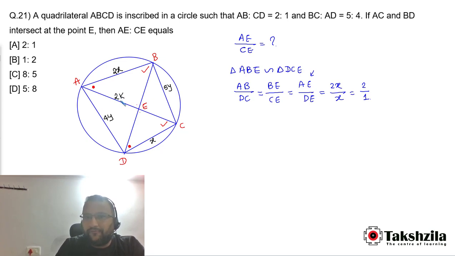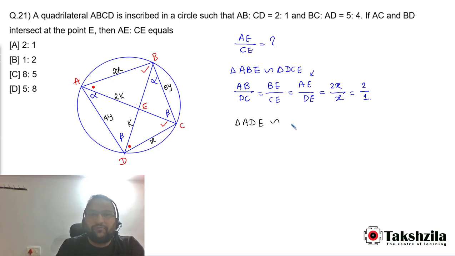Then the length of DE will be k. Now what will we do? Other two triangles are similar. Hold on. If this is alpha, this is also alpha. And if this is beta, this is also beta. So now which two triangles are similar, everyone? Triangle ADE.